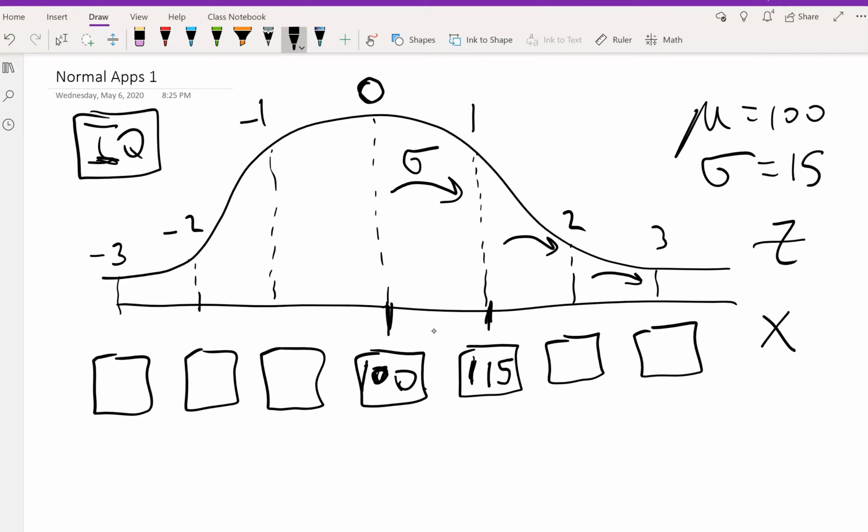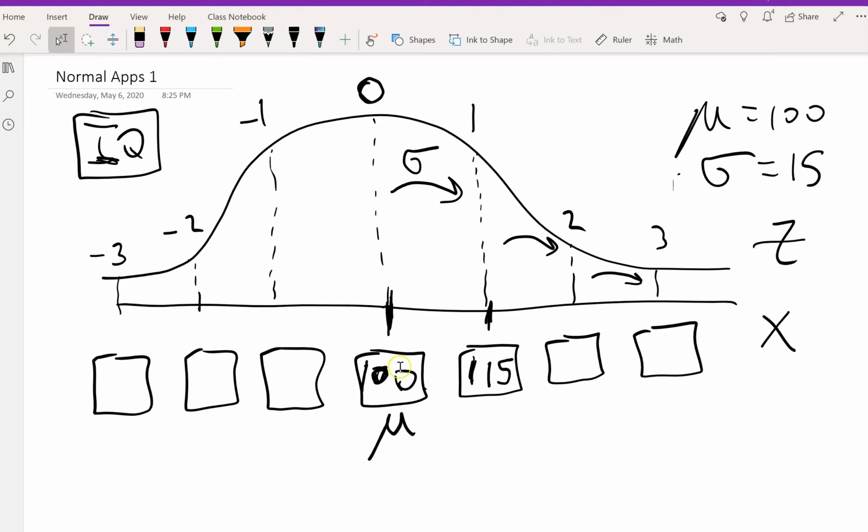And so what we do is we look at the mean being in the middle. The mean is always in the middle in a normal distribution. The standard deviation is how you move from one box to another. The standard deviation in this question, and you can look it up, is 15 points. So every move of a standard deviation, or one unit in the Z-score, your choice, is an extra 15 points.